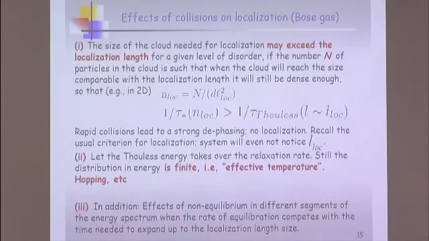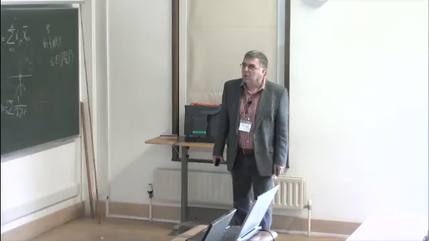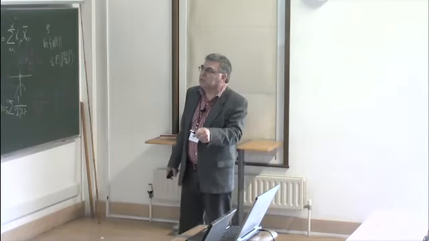Namely, in principle, one may be in a situation where the size of the cloud needed for localization is such that, if one calculates the density which corresponds to the radius of localization, for the case of 2D, with thickness D and L the radius of localization, and takes this rate which was calculated and this density, then one may be in a situation when this rate is larger than the Thouless energy.